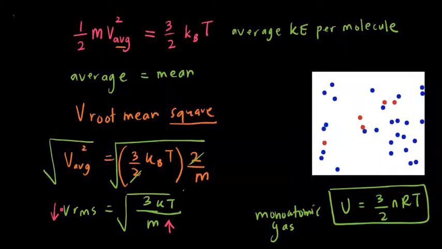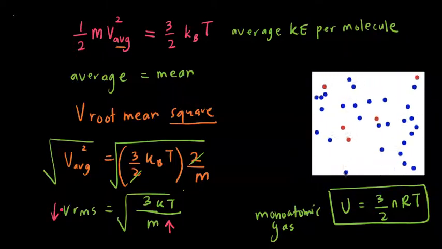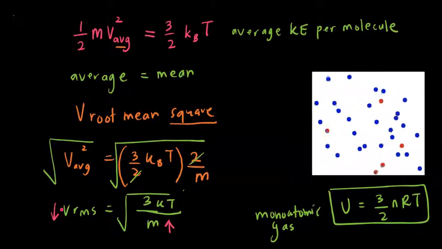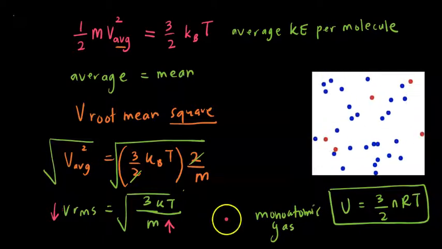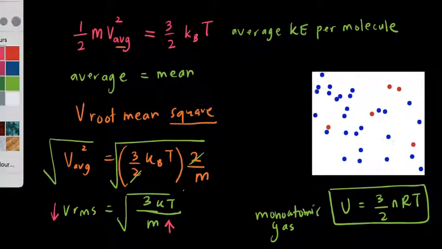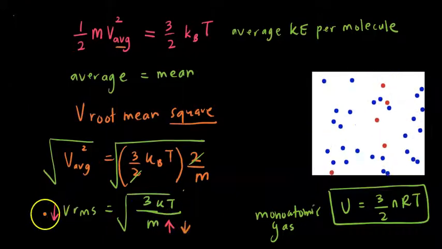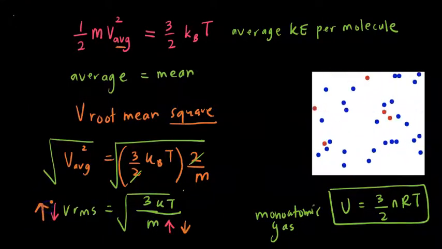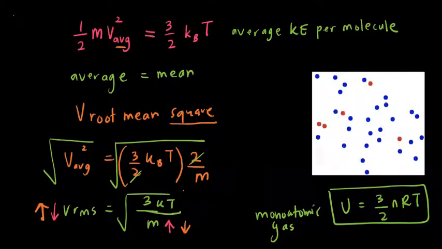If I am a heavy molecule, my speed will become slower. If I am a lighter molecule, in terms of mass, my speed will be higher. If I am not heavy, my mass is small, my V will increase. So that's one thing that this equation can tell you.